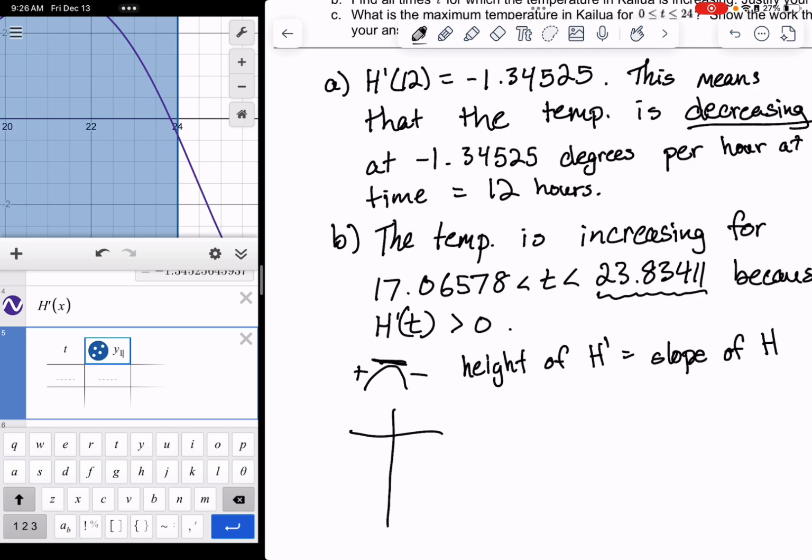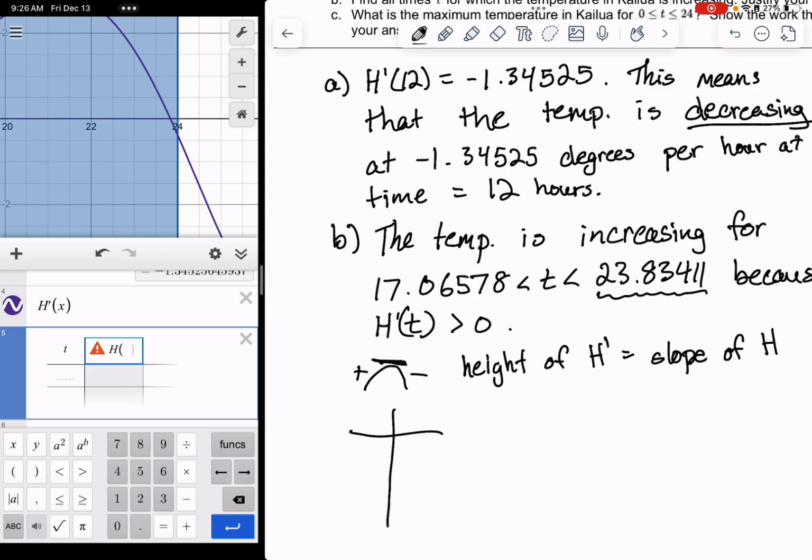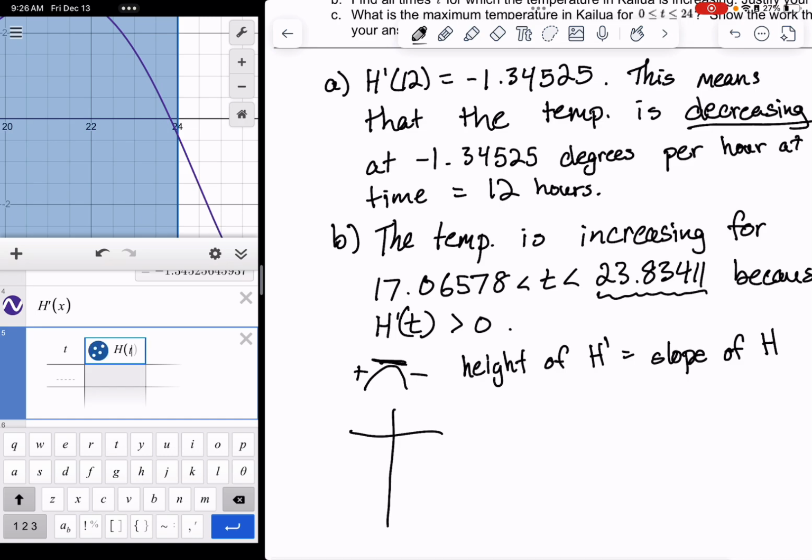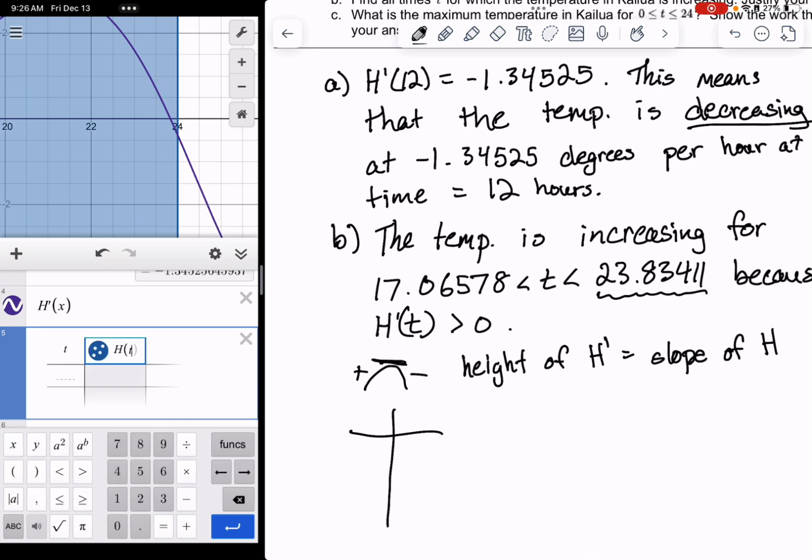And instead of y1, I'm going to call this capital H of t. Oh, we need parentheses there. So we need parentheses of t. And the reason that's super helpful is I can just type in my t values and it will calculate my h of t for me.